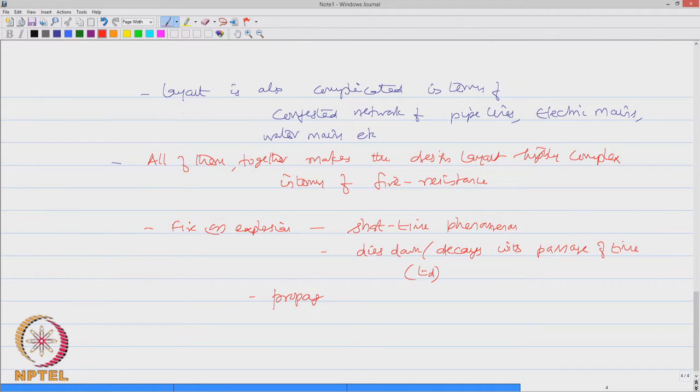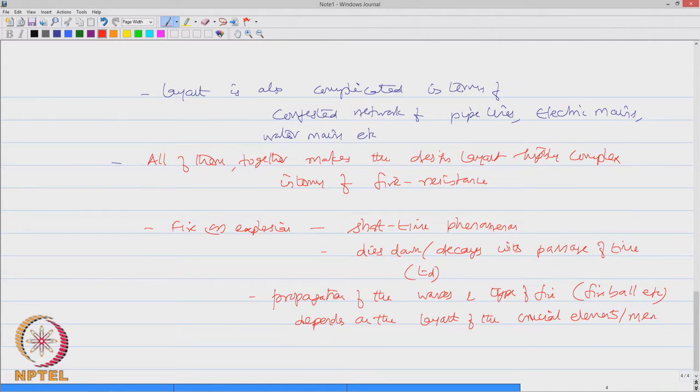Propagation of the waves and type of fire, like for example, fireball, etc., all depends on the layout of the crucial elements or the members that need to be protected against fire.